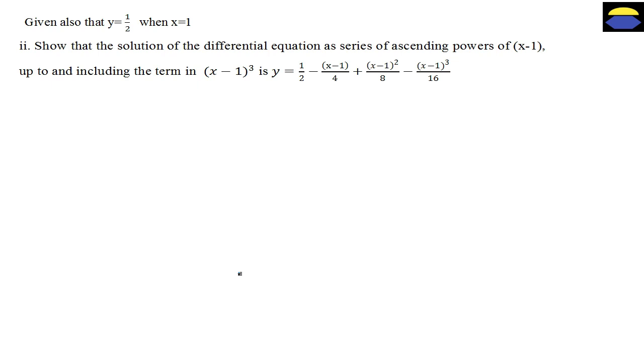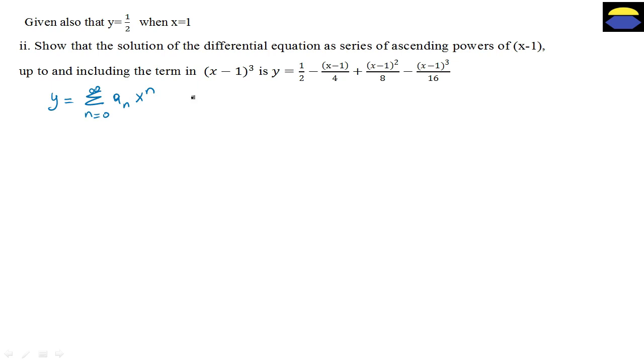So this is a special case where the solution to a differential equation is expressed as a power series, and we know that the solution can be written in the form y is equal to the sum from n equals 0 to infinity of a sub n x to the power n. But we are not interested in what's happening around the point x equals 0, but we're interested in the power series around the point x equals 1.